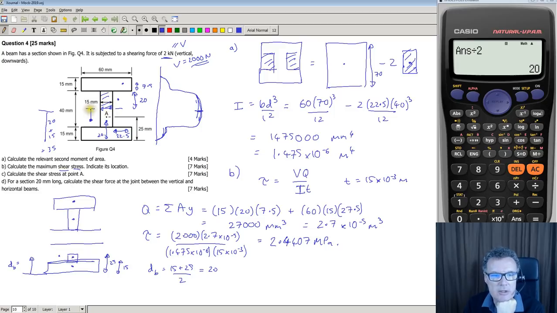The distance from here to here is 35. The distance from here to here is 20. So the distance from the neutral axis to the centroid is 15. So what am I going to write that as? That's y is 15 millimeters.